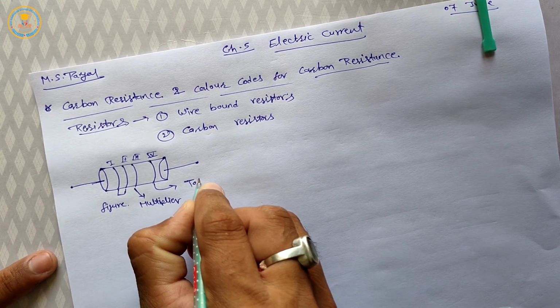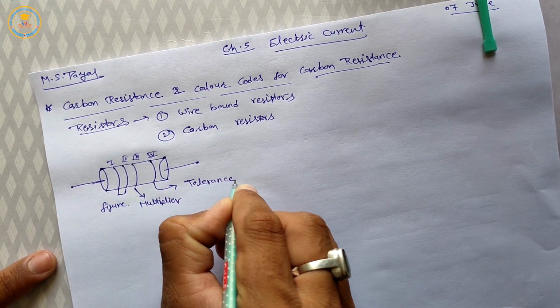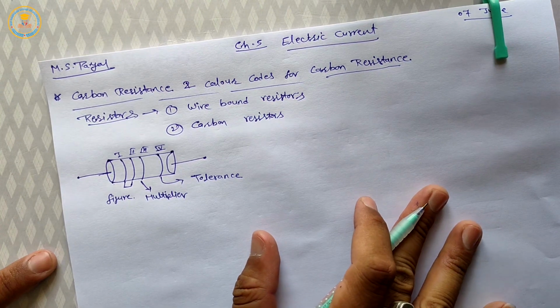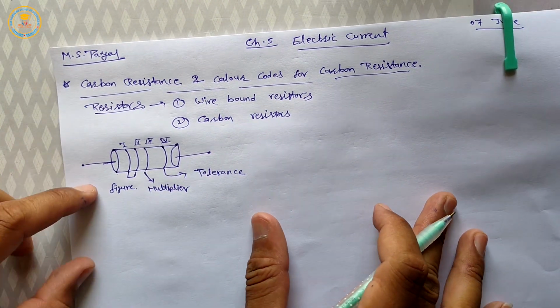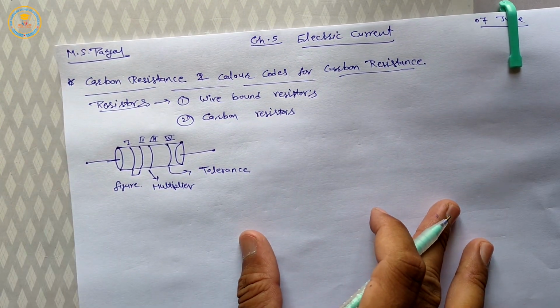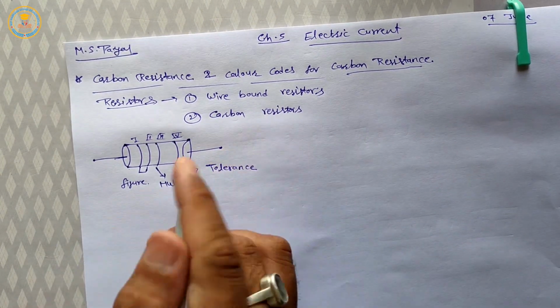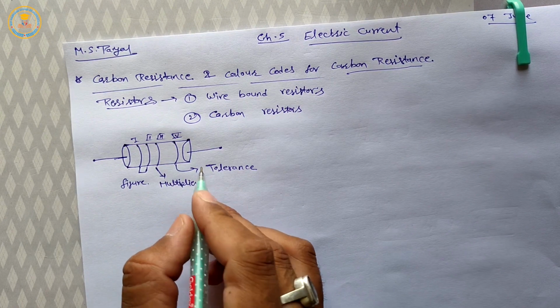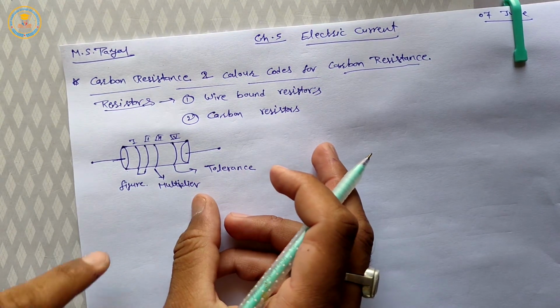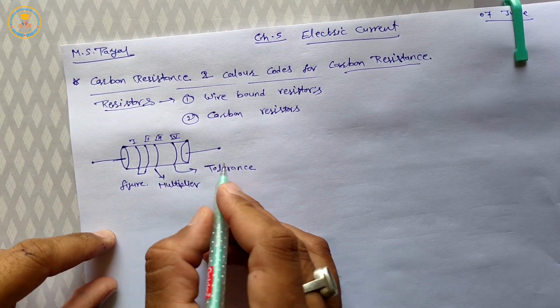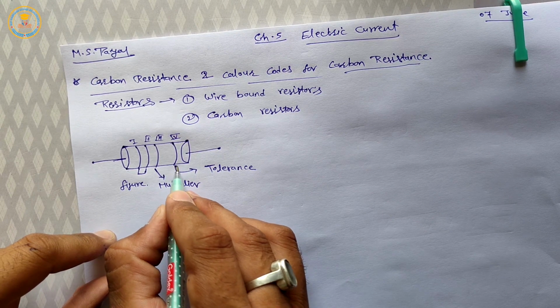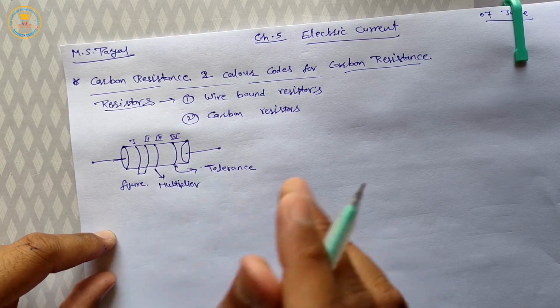But in a special condition, if the fourth ring is absent on the surface, then that indicates no color. It means this ring represents no color.